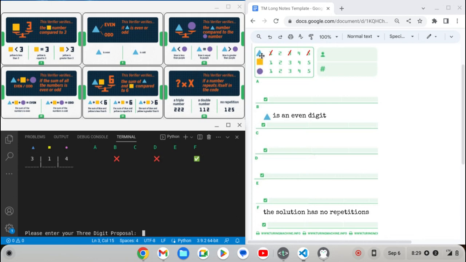So let's go ahead and type that up in our notes for section D. And that again is that triangle plus square plus circle should be odd.